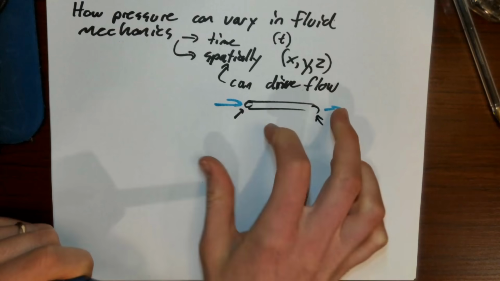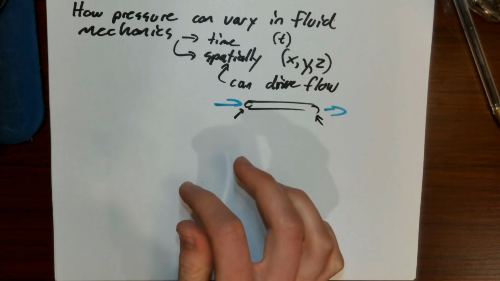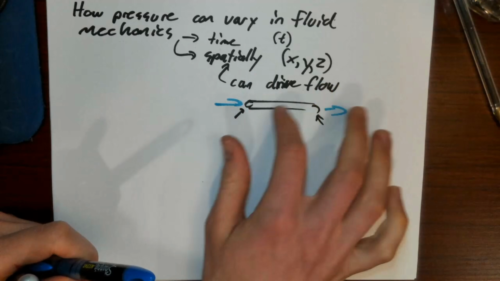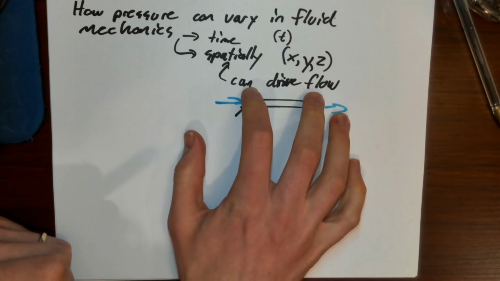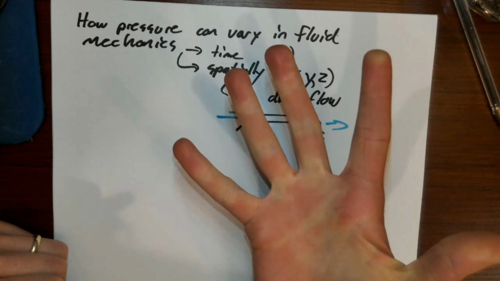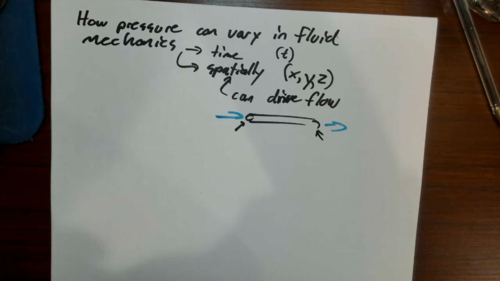But this is hydrodynamics. We're going to be talking about hydrostatics today, but even though we're not talking about pressure driving flow yet, there are still spatial variations in pressure that are important in the context of fluid mechanics. So let's talk about the pressure gradient.